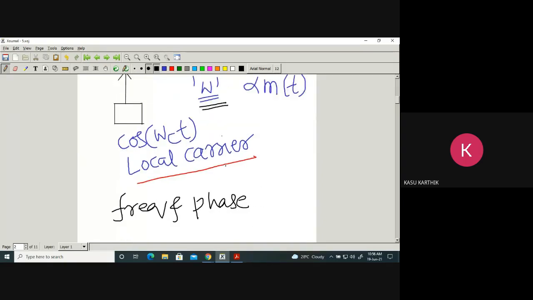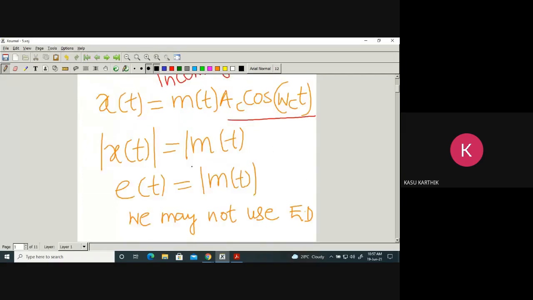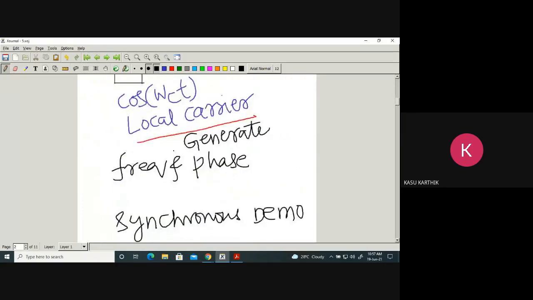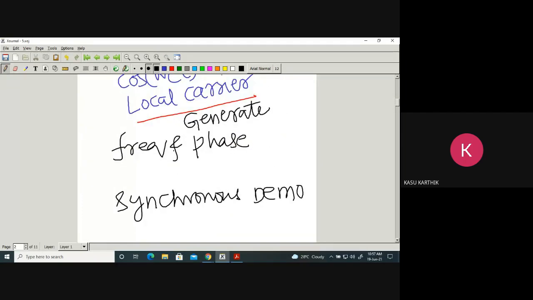Here it is a little bit complex. Why? Because in the receiver, we have to generate what carrier? Local carrier. You have to generate a carrier in the receiver side, which is quite difficult because this carrier should have same frequency, same phase as that of incoming carrier that we use in the modulation. So this would be a little bit complex. But in ED there is no such requirement. What is ED? This circuit contains some basic elements.